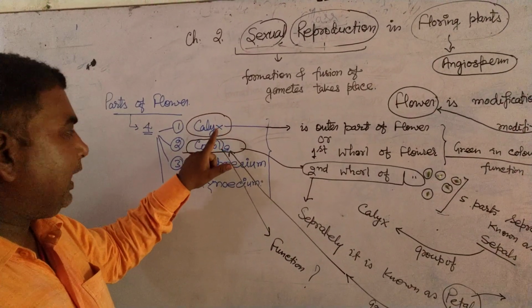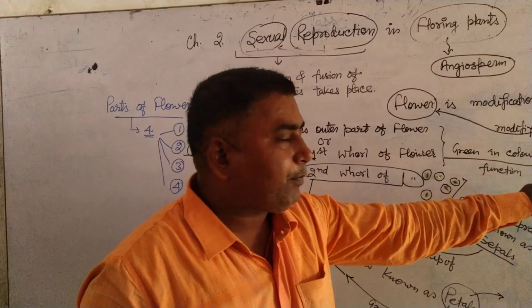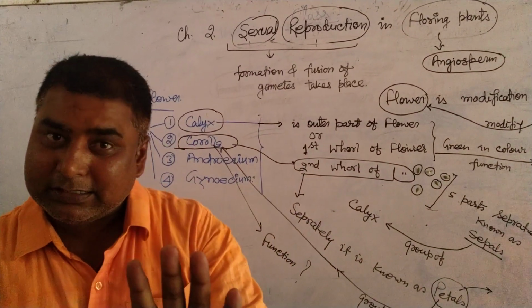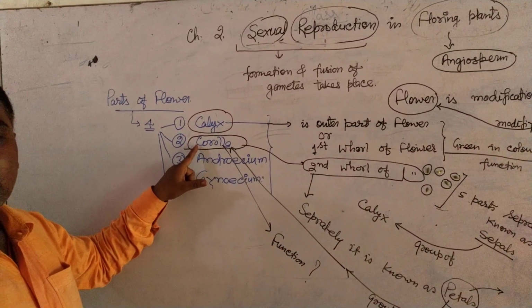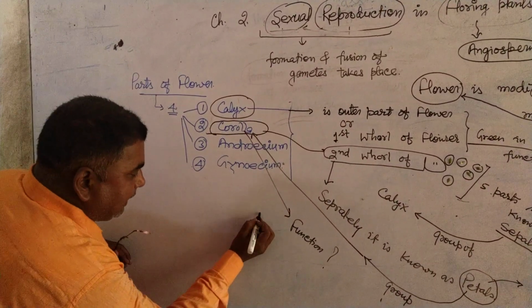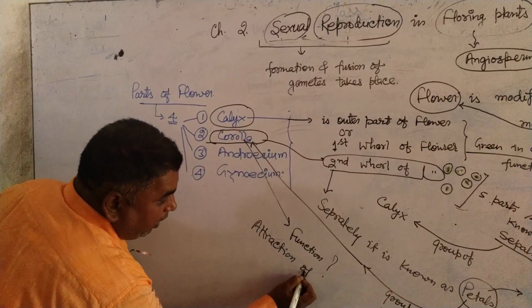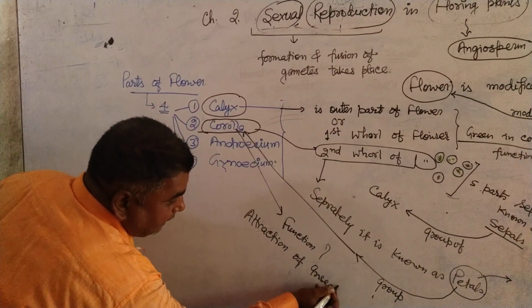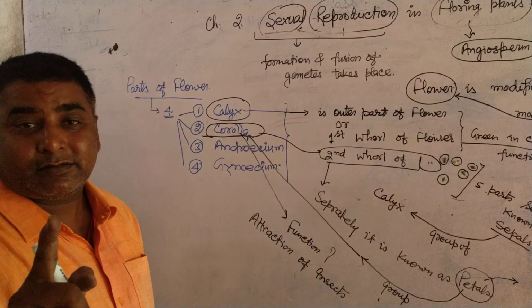You know, the function of calyx is protection of the bud in the primitive stage. Like that, corolla functions as attraction of insects. Attraction of insects.